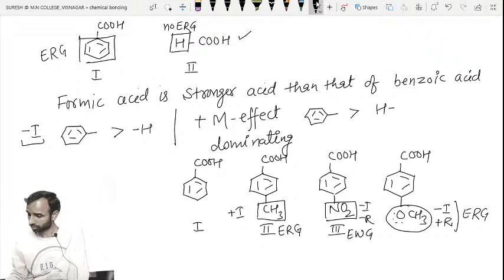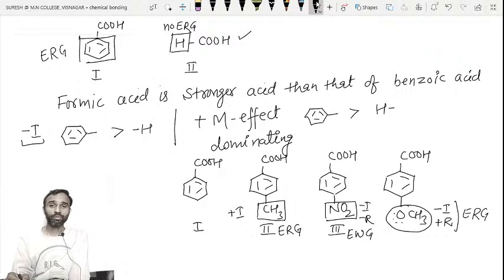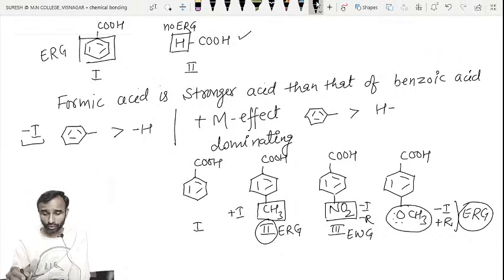Wrong, Ashish. Tell me, out of these two, they are electron releasing groups. So do electron releasing groups increase the acidic strength or decrease the acidic strength?